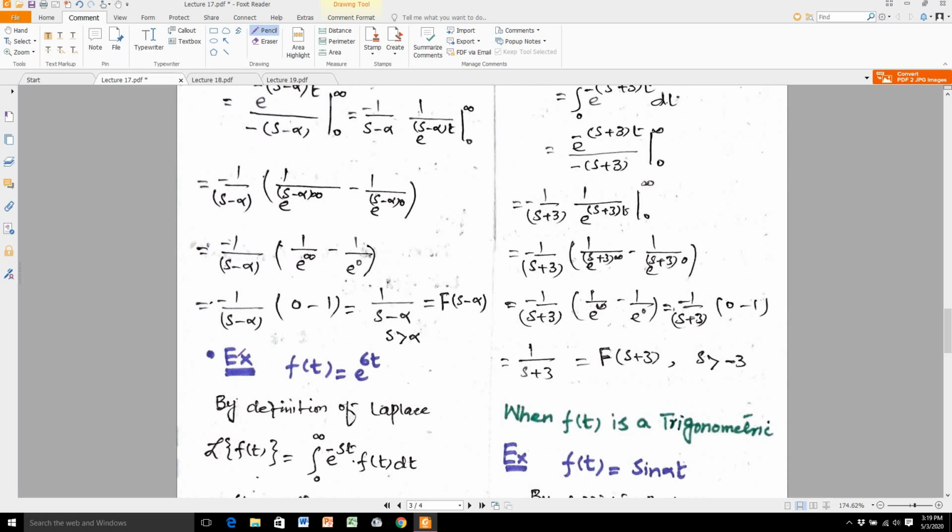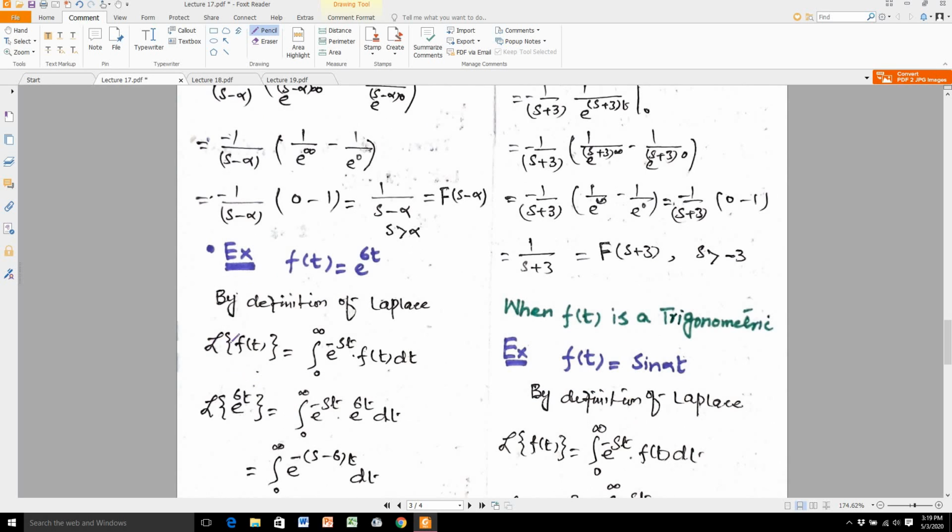Next we move to another example relating to this category, that is F of t is equal to e raised to the power 6t. In the previous example I took the general function e raised to the power alpha t. Here at the place of alpha we have 6. So again, using the definition of the Laplace, F of t is equal to the integral from 0 to infinity of e raised to the power minus st times F of t dt. Now I substitute the function here, e raised to the power 6t, so from 0 to infinity e raised to the power minus st times e raised to the power 6t dt.